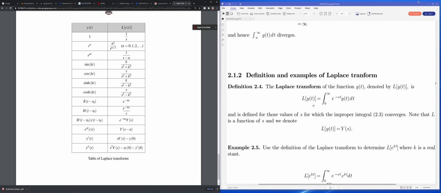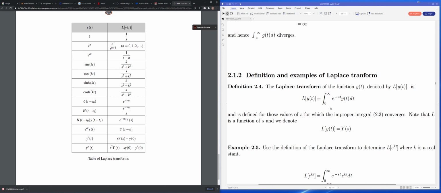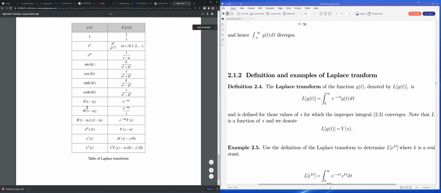This is getting the Laplace transform from first principles. But for practical use, when you're working in controls and so on, you're probably not going to be using the integral formula. You'd probably just use a table such as this.